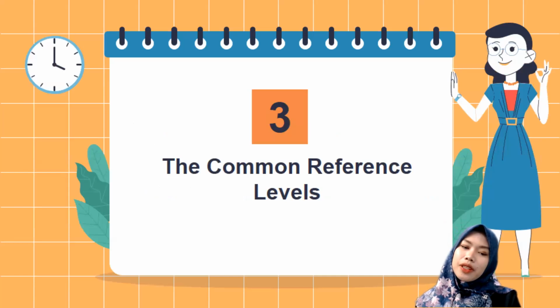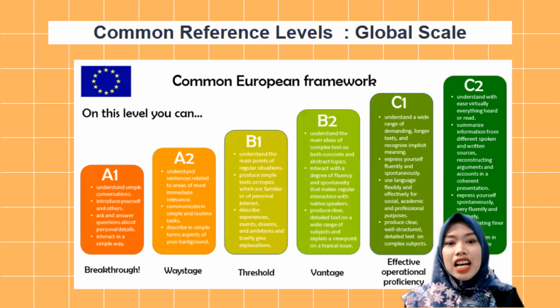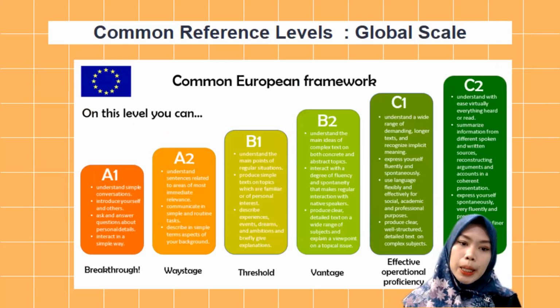Okay, the third subchapter is the common reference levels. Okay, here it is. A1 until C2, breakthrough until mastery.